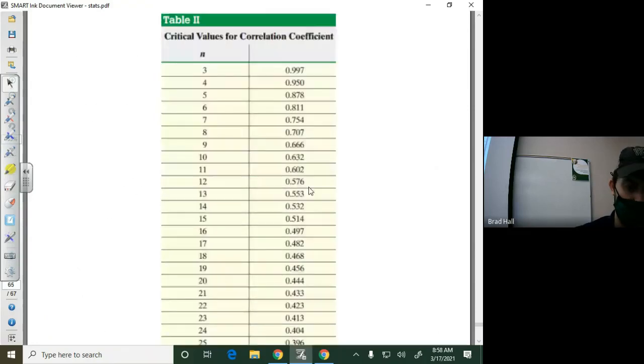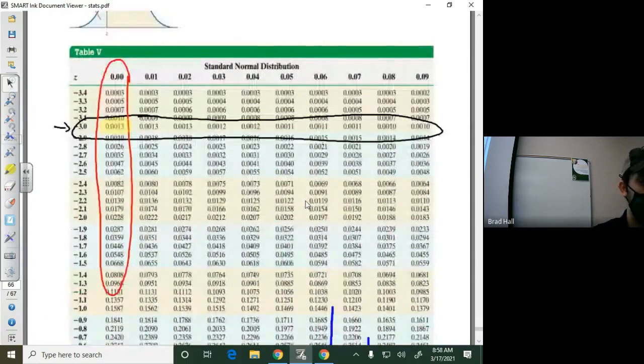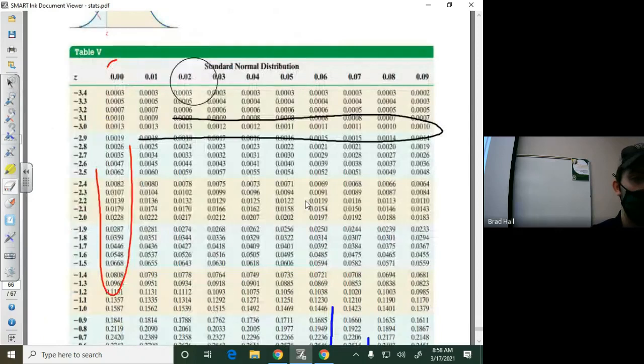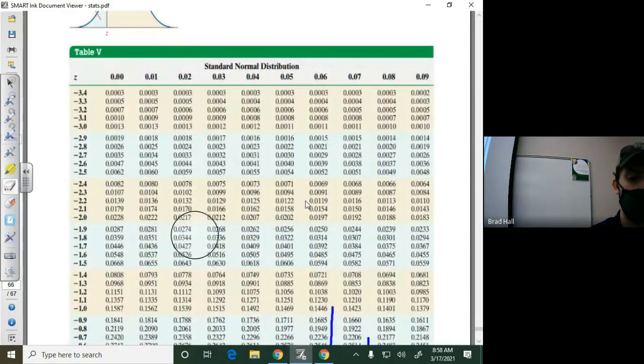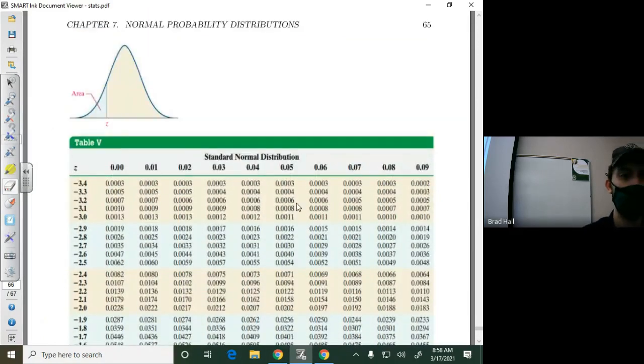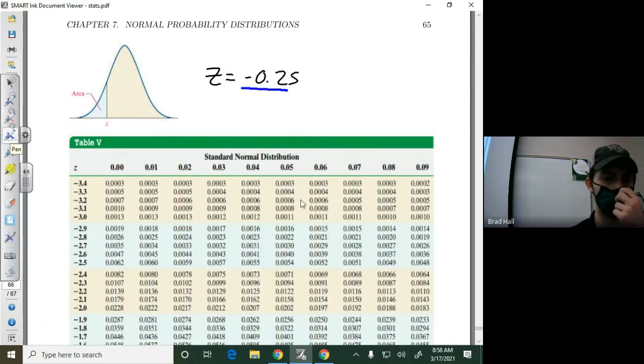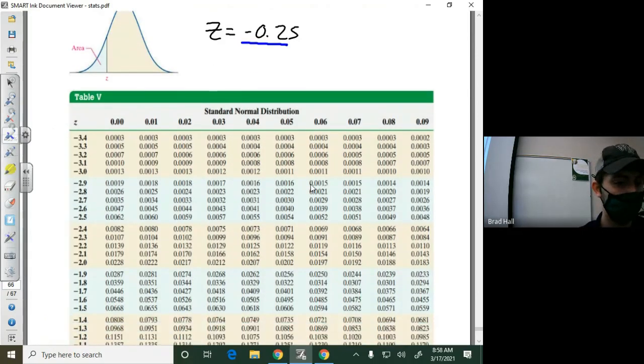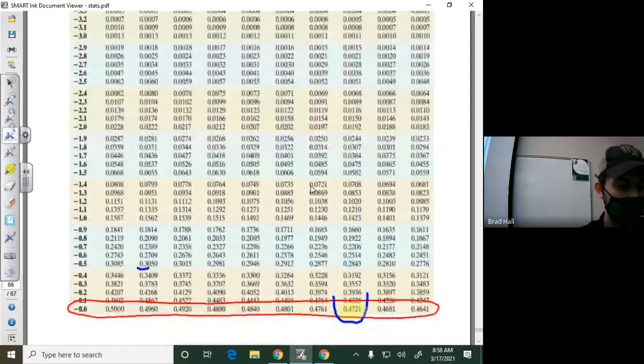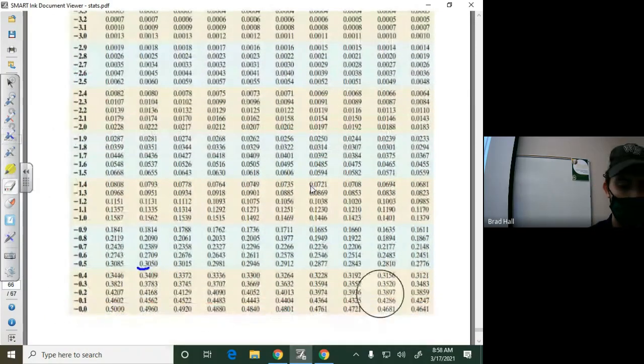-0.25, we go to the negative version of the table. The ones in the tens place, -0.2.